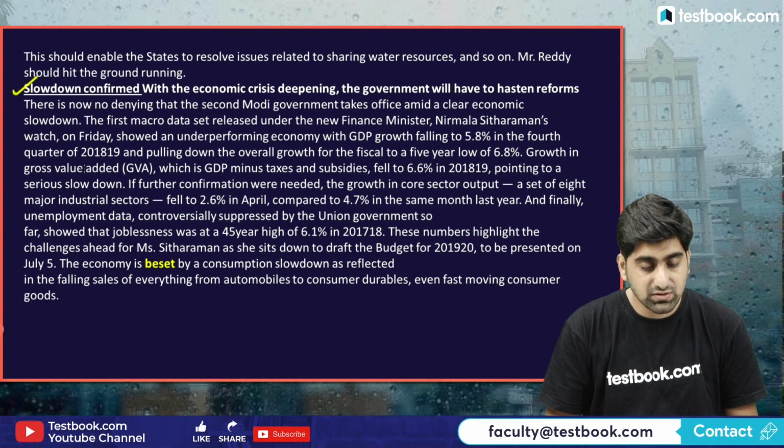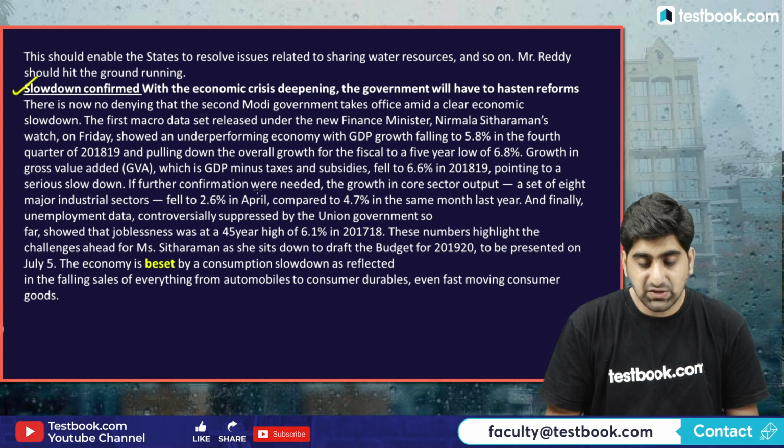The growth in gross value added, which is the GDP minus taxes and subsidies, fell to 6.6% in 2018-19, pointing to a serious slowdown.